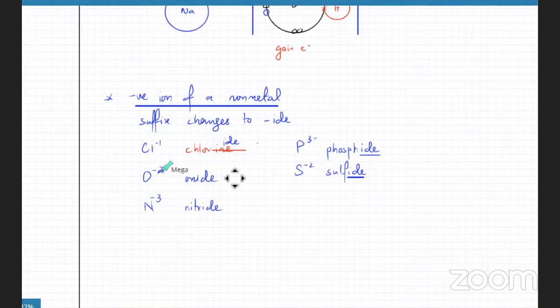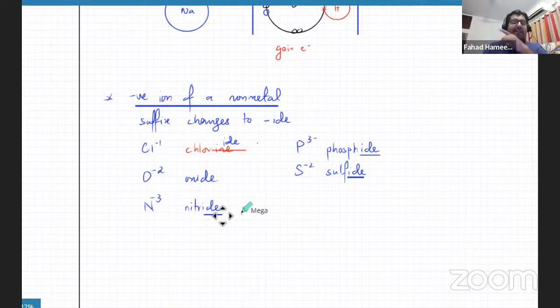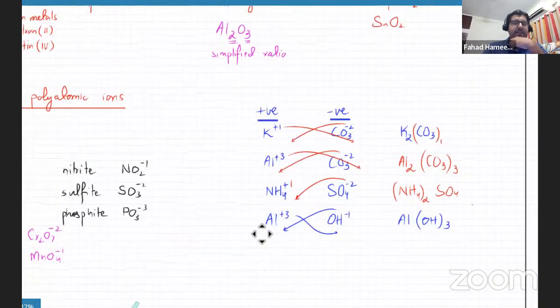Is that clear? Yes. So just remember, don't confuse nitride with nitrate or with nitrite. It's IDE. That's just nitrogen, nothing else. So this is the only place where the name changes. Otherwise, the name pretty much remains the same.